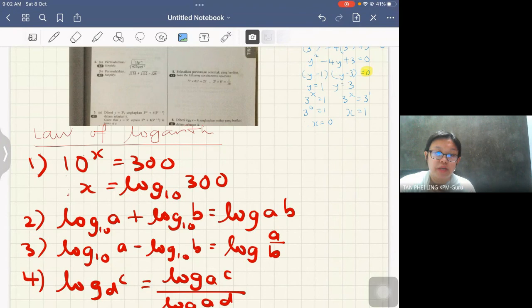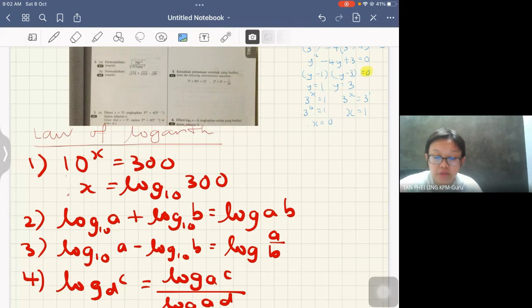So it becomes x equals log 300 base 10. You just have to remember my story. If you want to change any number to log, the log will have to find the lonely number, and then the base 10 here will come and join them and be kepo. So it will still be the base, base 10. Then the x will become alone now, which is what you want to find.